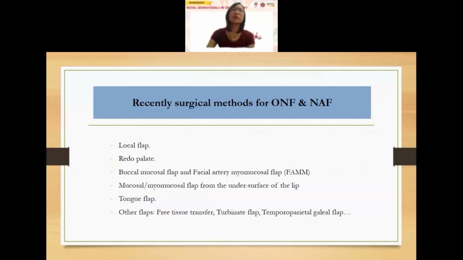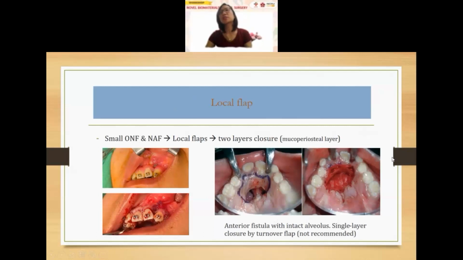Mucosal or myomucosal flap from the undersurface of the lip, tongue flap. Other flaps like free tissue transfer, turbinate flap, temporoparietal fascia flap. Choose the technique depending on the size and position of the fistula and the amount of scar tissue present around the fistula.